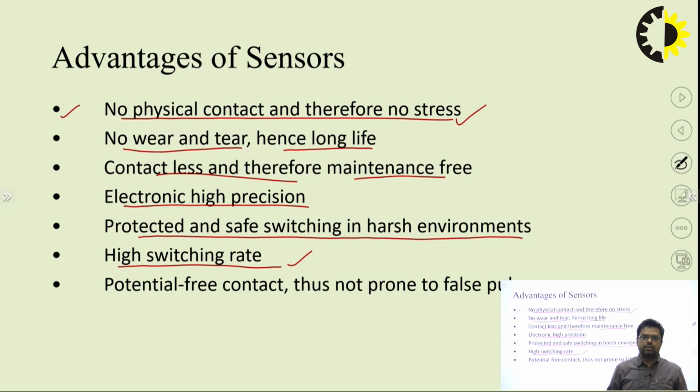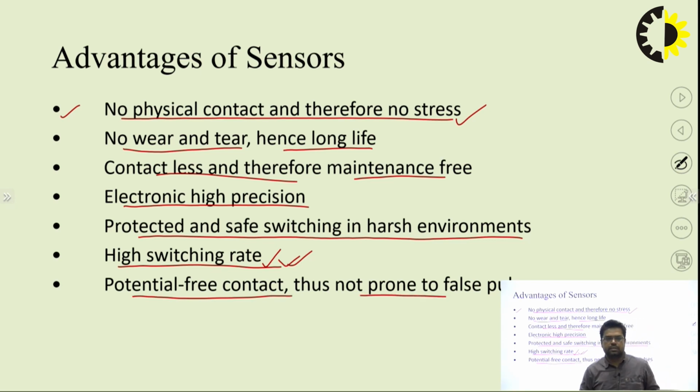We know electronic devices are utilized more and more day by day, and their size is reduced, as well as their switching rate, that is the on-off conditions, is very fast. So, they have a high switching rate. These are the main features of sensors. Another one is that this is a potential free contact, and thus there are no false pulses. We get exact and accurate indications from the sensors.